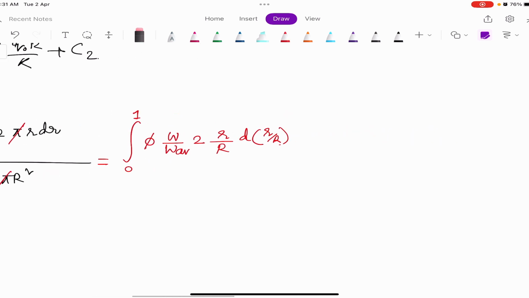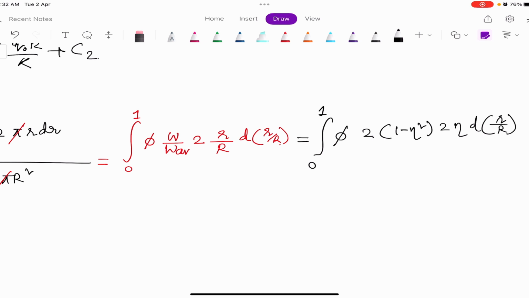So this will be equal to the integral from 0 to 1 of φ, and for Hagen-Poiseuille flow w by w average is 2 into (1 − η²). Into 2 is already there, into η dη.